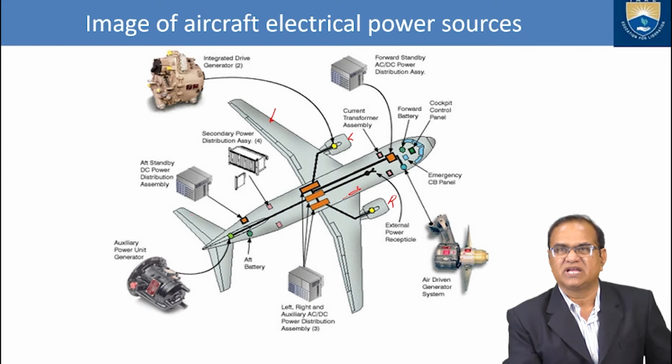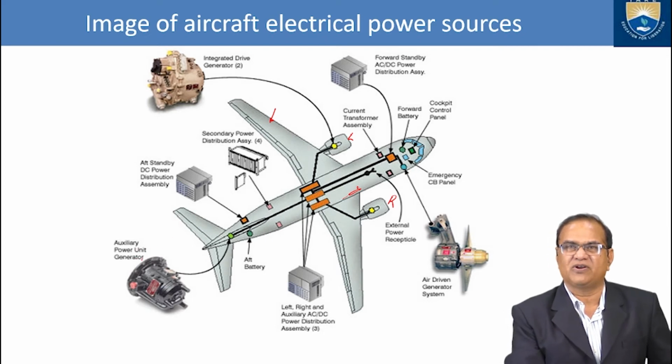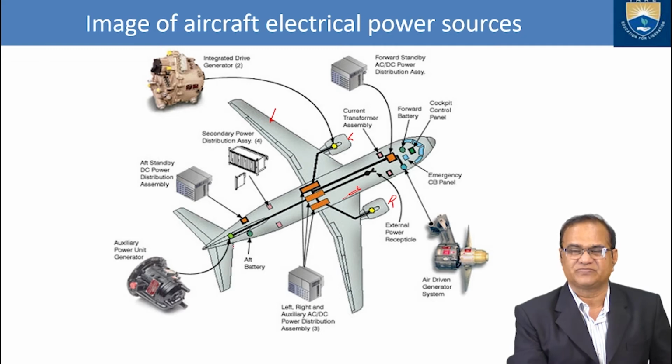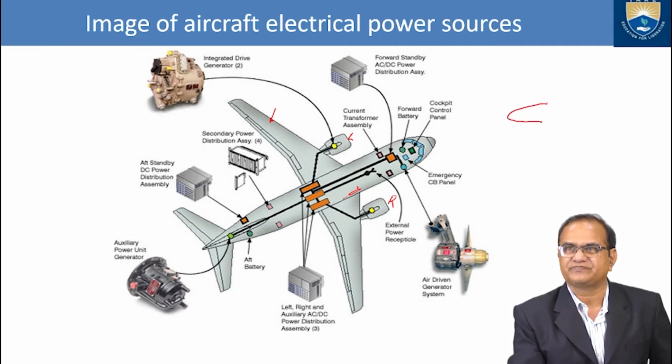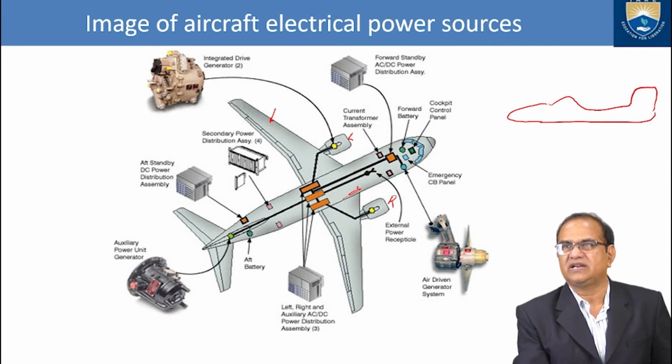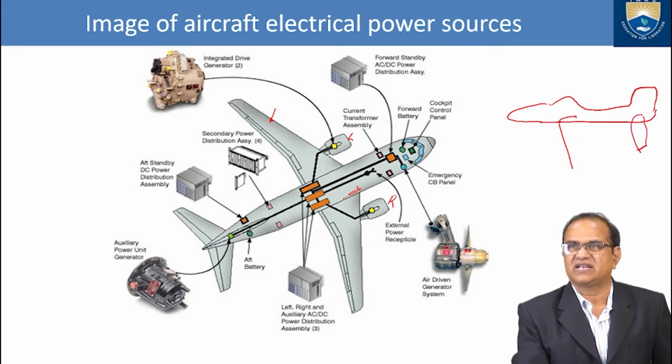Here we have the auxiliary power unit, APU, and the APU is fitted on the vertical tail. If you see here, this is the aircraft I am drawing. Here is the horizontal tail, this is the wing, and this is the vertical tail.